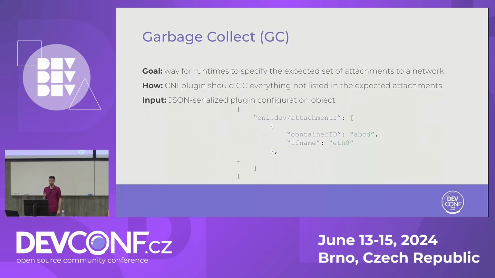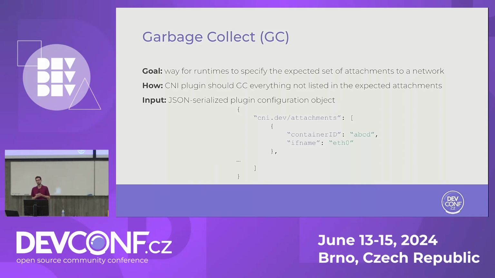The other command is garbage collection. If we take a few steps back and remember CNI delete is not guaranteed, things might leak in the cluster, things like IP addresses. Let's say, for instance, you have a very short subnet with, I don't know, 16 IP addresses, and you're leaking things behind. You will not be able to schedule more stuff, and that's actually a very common problem.